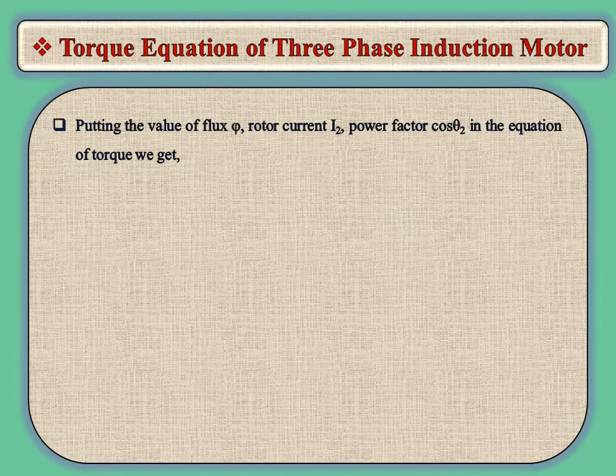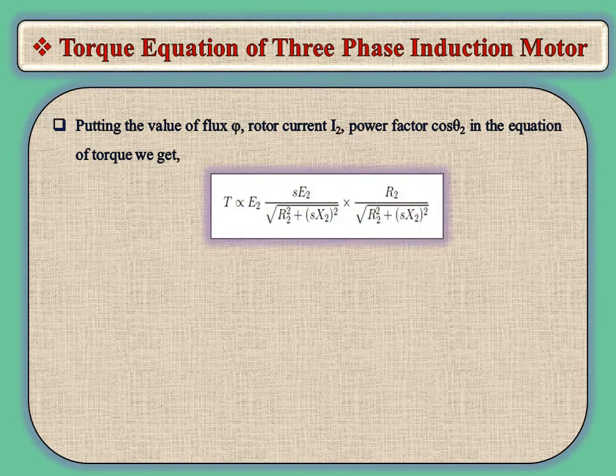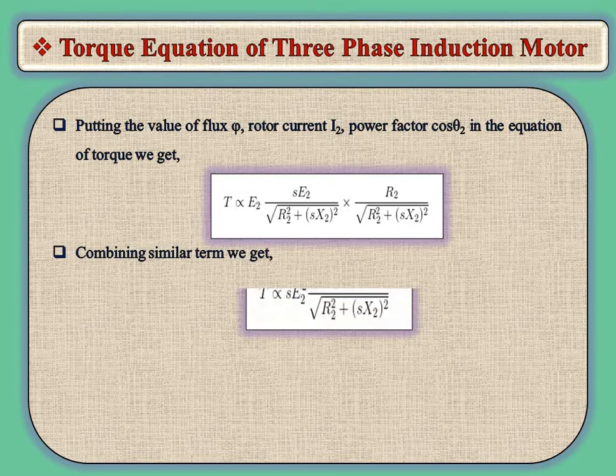Now putting all these values in the torque equation, we get the torque is proportional to E2 times SE2 divided by square root of R2 square plus SX2 whole square, into R2 divided by square root of R2 square plus SX2 whole square. Now combining the similar terms, we get the torque is proportional to SE2 square into R2 divided by R2 square plus SX2 whole square.